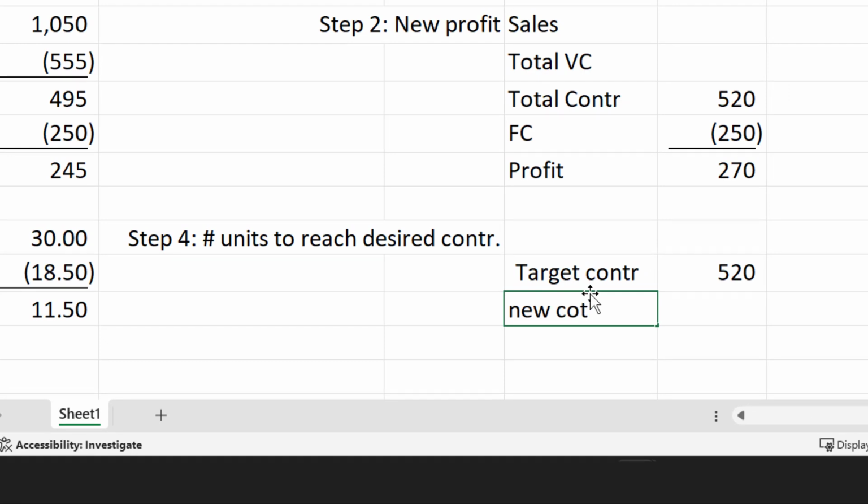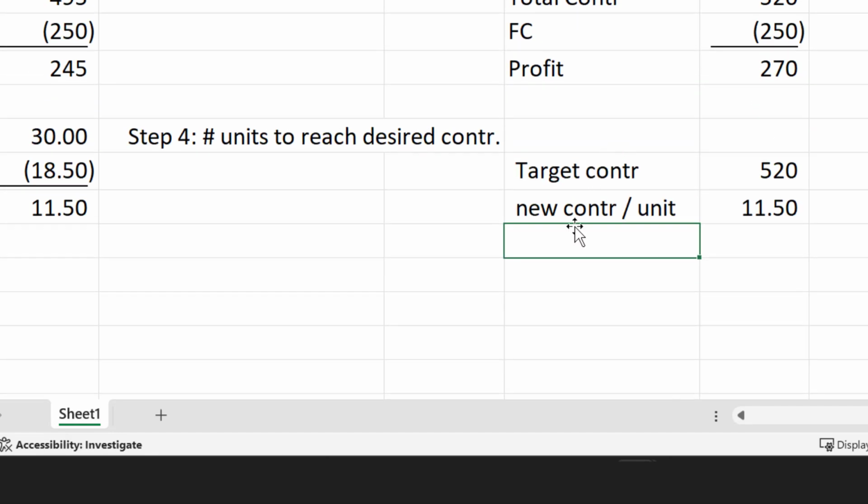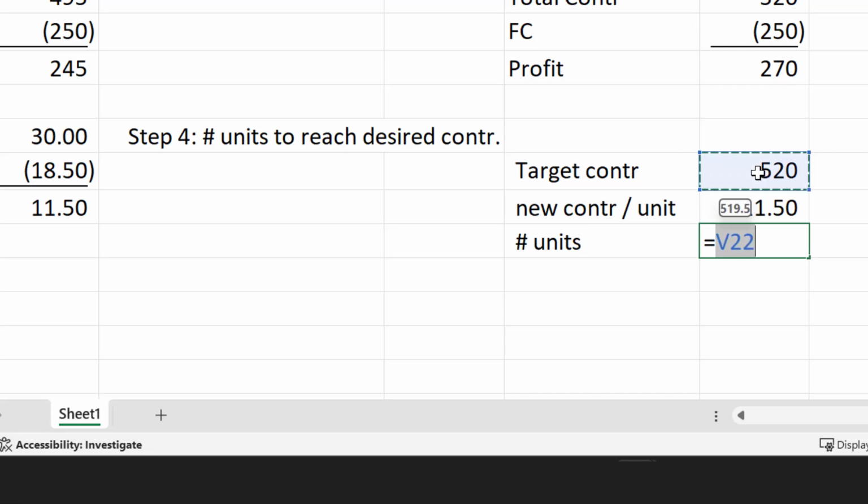New contribution per unit is equal to the 11.5. Number of units will then be equal to 520 divided by the contribution per unit. So that would be 45.17 if we're talking about thousands. So that would be 45,170 units with a little bit of rounding.